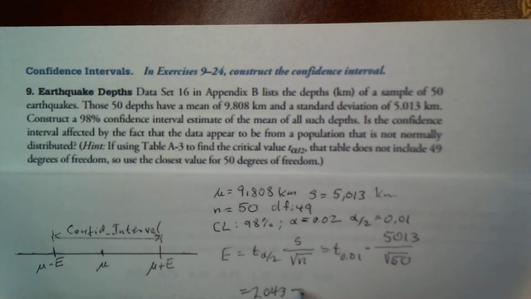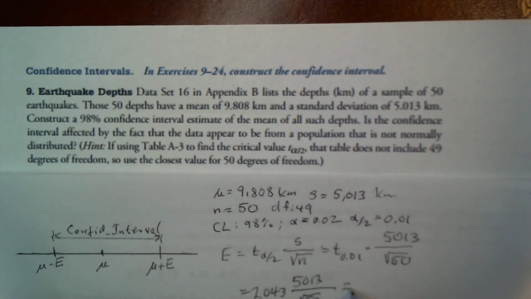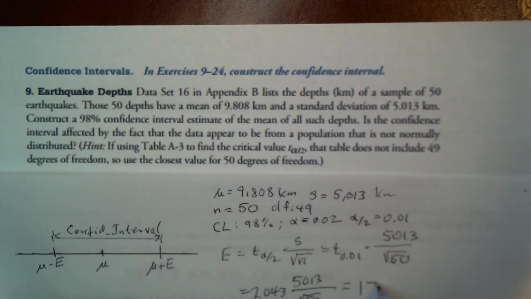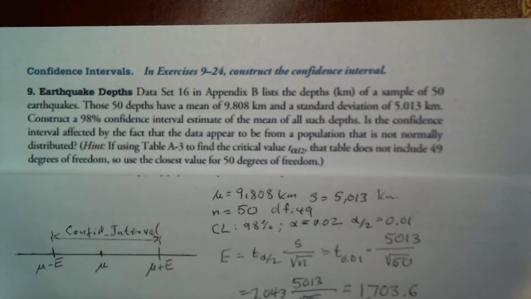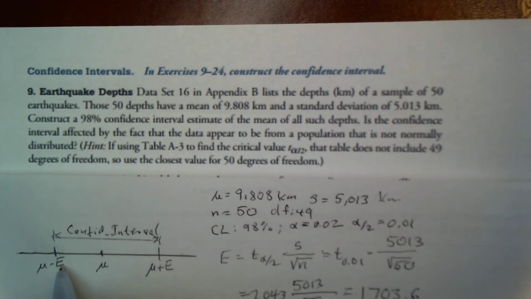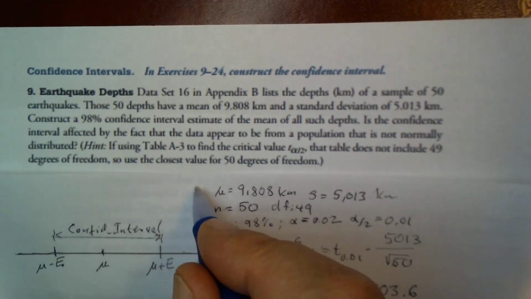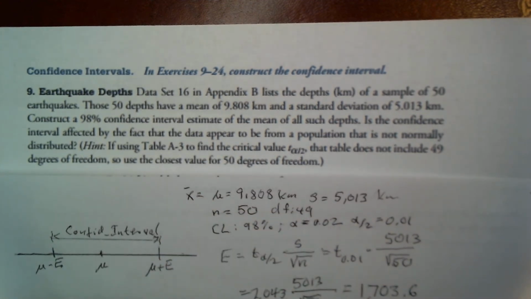So 2.403 times this expression of 5.013 divided by the square root of 50, and that is then equal to 1.703.6 or 1.704 if you round it up. And so again, our confidence interval is the sample mean minus e, the margin of error, to the sample mean plus e.